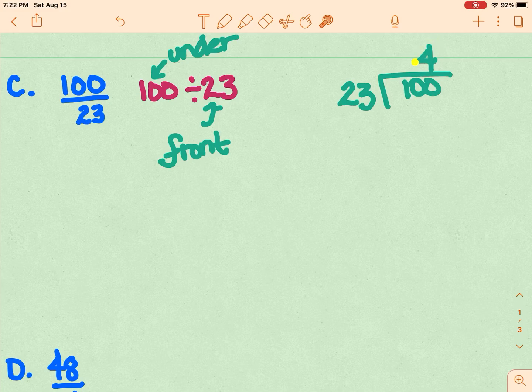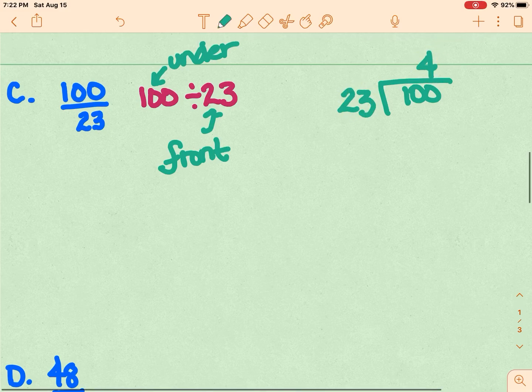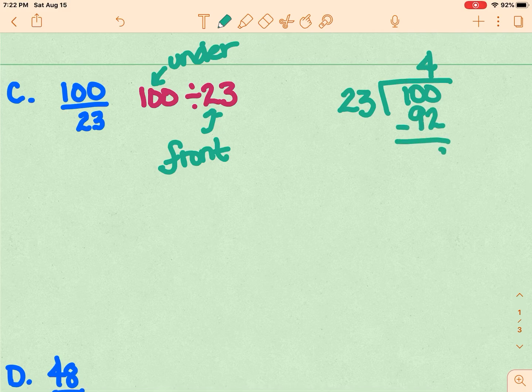So if I were to do this, 4 times 23 is 92. And you would have 8 left over. So if I use the check mark method, it's going to be 4 and 8 over 23.